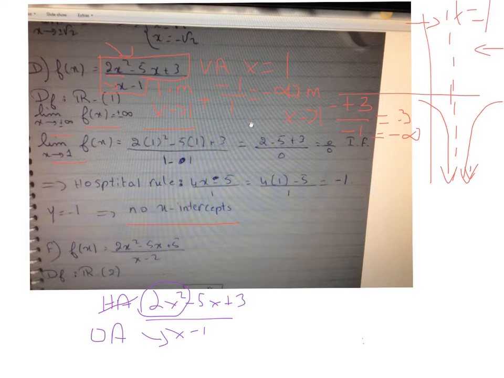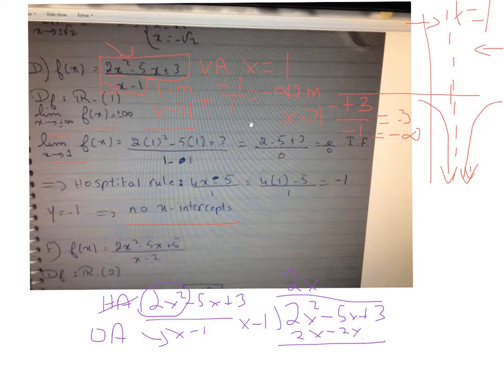An oblique asymptote requires you to use either long division or synthetic division to find the value of the asymptote. So in this case, if I divide x minus 1 into 2x squared minus 5x plus 3, I'm going to have 2x to start with, and I'll get 2x minus 2x.